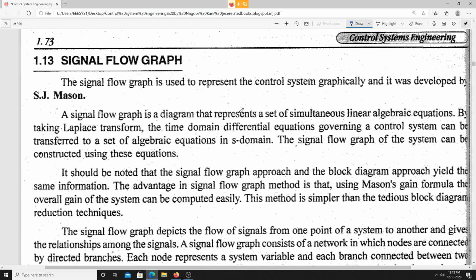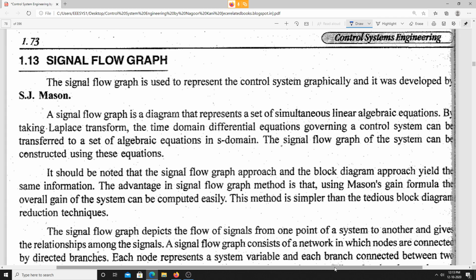But one disadvantage of the signal flow graph method is that by using Mason's gain formula, the overall gain of the system can be computed easily.